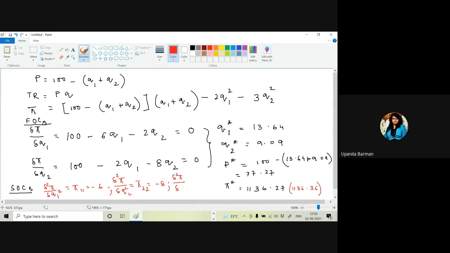Minus 2 and minus 2. Pi 12 is equal to pi 21 equal to minus 2.